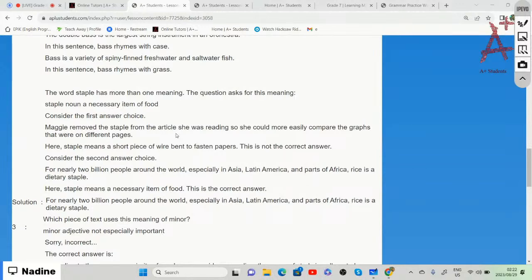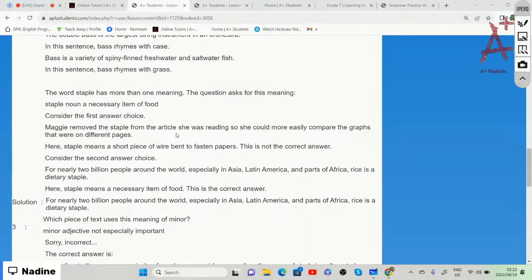And we spoke about staple being one of those words that is spelled the same and sounds the same, but the meanings are different. The question asks for the meaning of staple as a necessary food item. We gave the example of certain parts of the world that have certain staple items within their homes, which is basically a norm for most people.